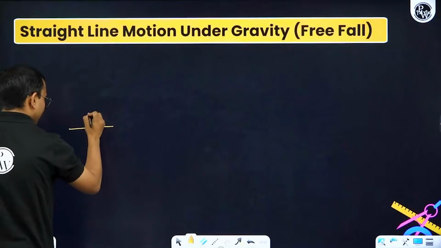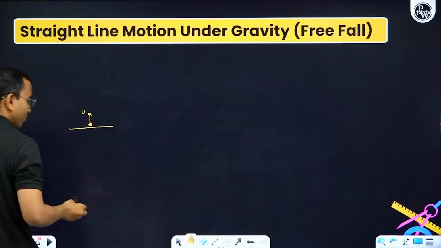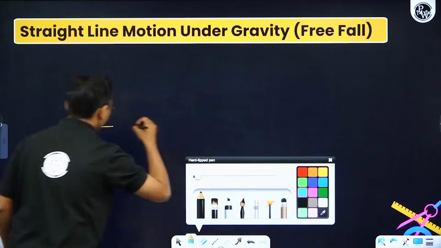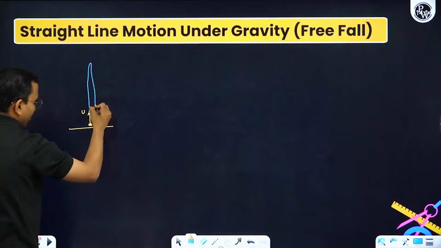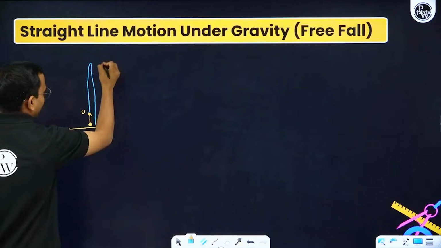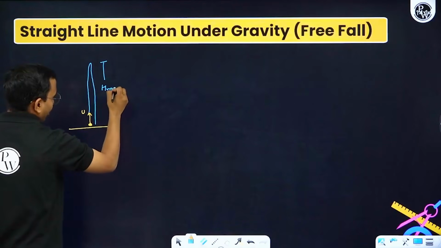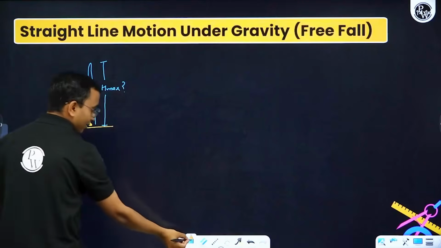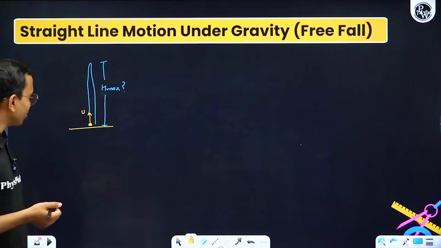Okay, let us take a simple thing. We are throwing a ball with initial velocity u, and how will it go? You know that it will go to a certain height like this, and will come back. Now you may need to find what is this h. You already did that, but I'm just quickly brushing up your previous topics.